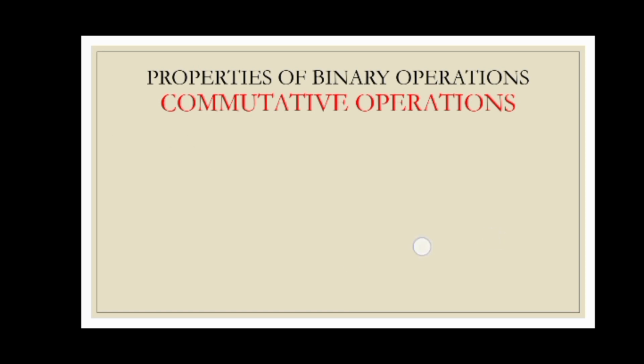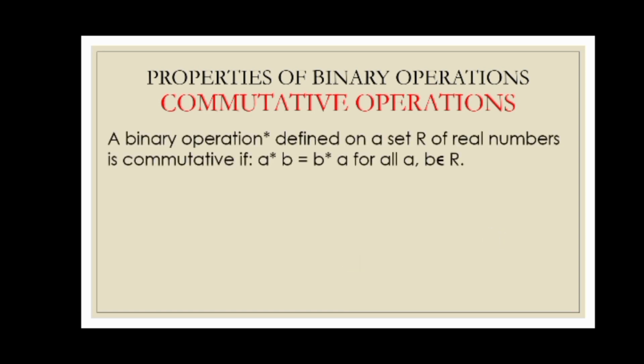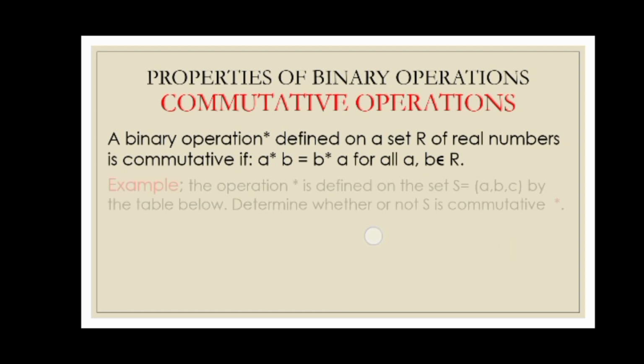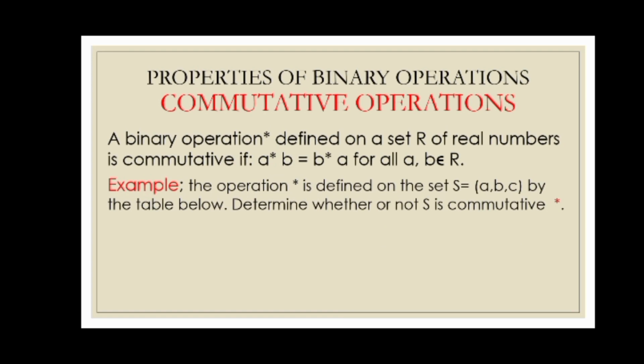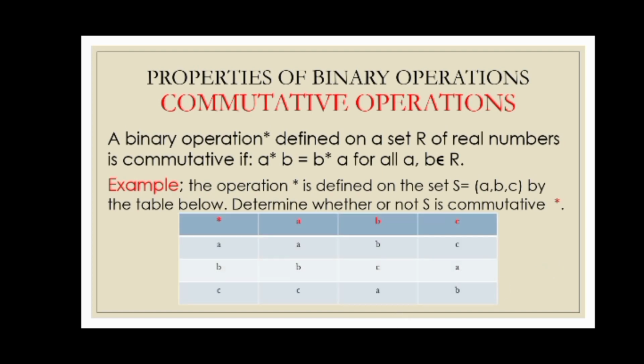Commutative. A binary operation star defined on the set R of real numbers is commutative if A star B is equal to B star A, the opposite order, for all A, B belonging to R. Addition and multiplication of real numbers are commutative.